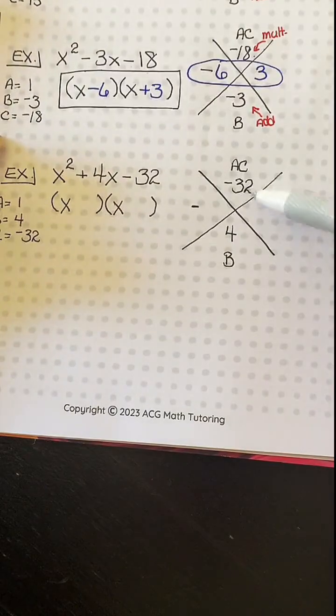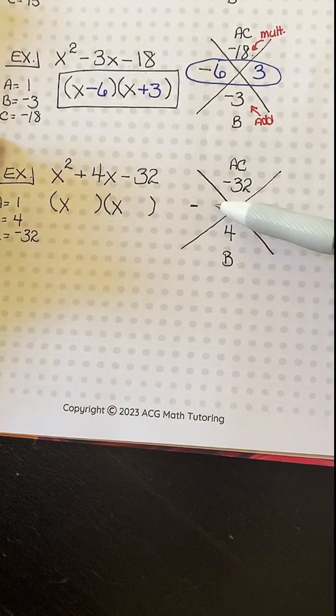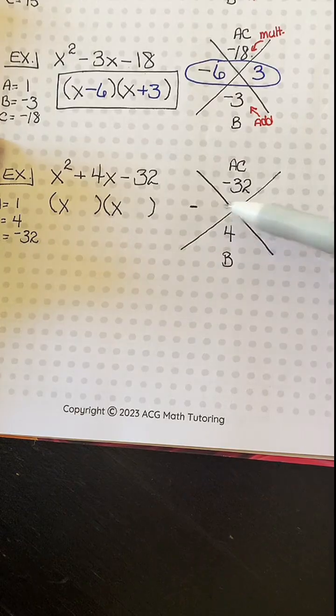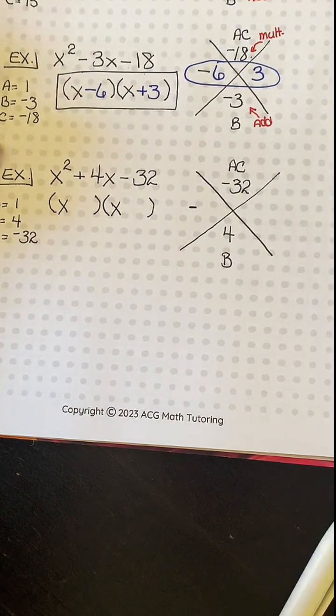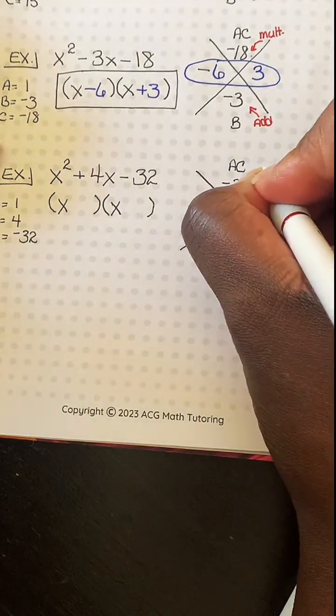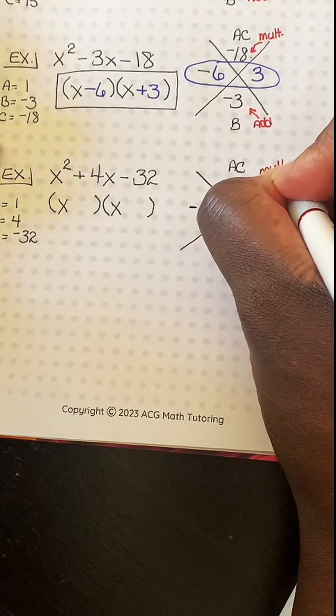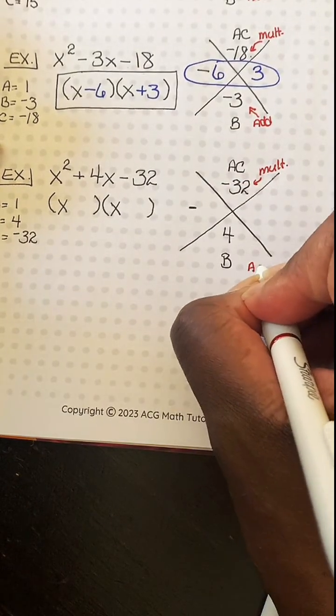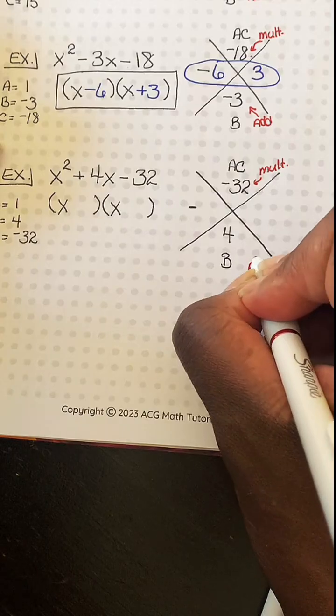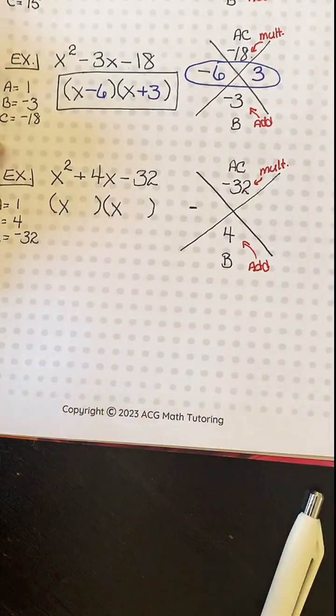When you have a negative and a positive, the lowest one is going to carry the negative. So two numbers multiply to get me negative 32 and add to get me positive 4.